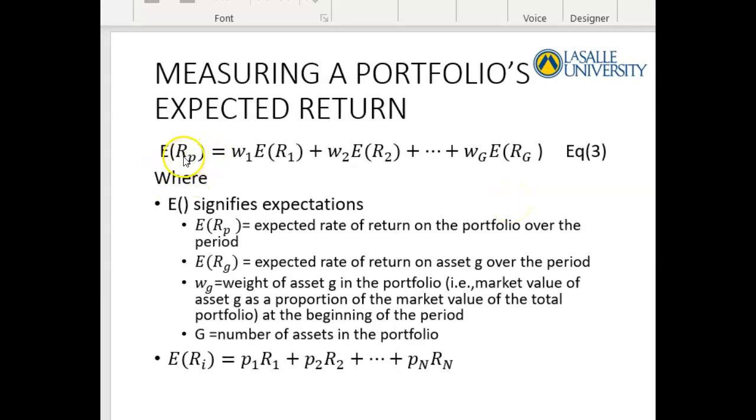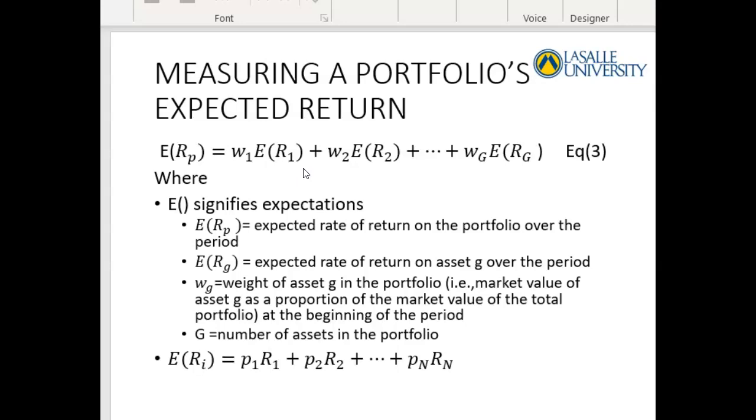So we're using a formula similar to what we saw in equation 1. The only difference here is that you will see this E symbol in front of all the returns. The E symbol is there because this refers to expectations. These are expected returns, so we're talking about a future time period and we haven't actually observed those returns yet.